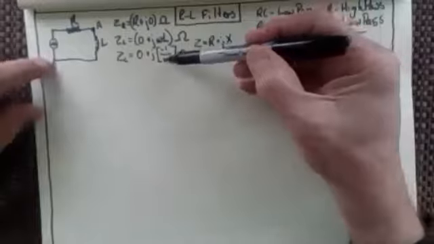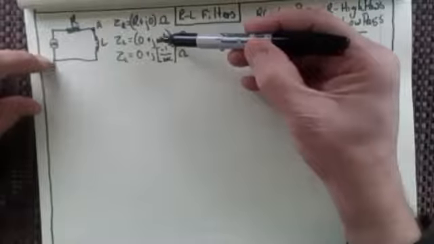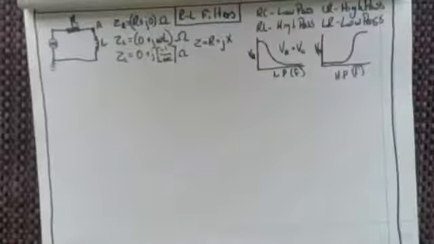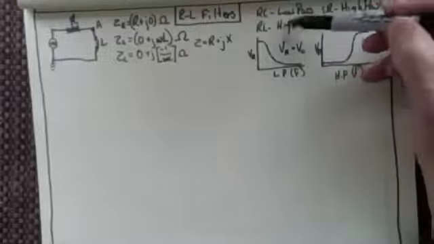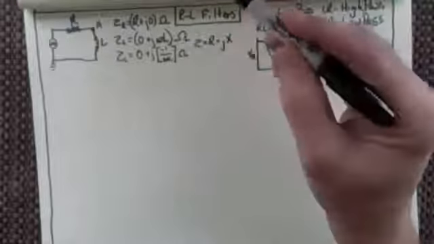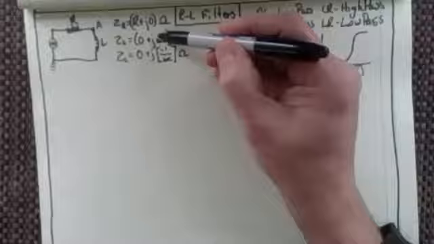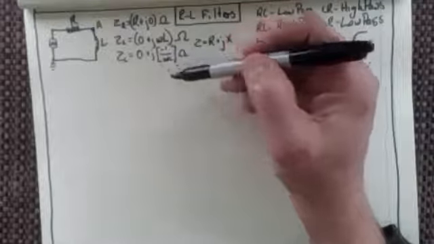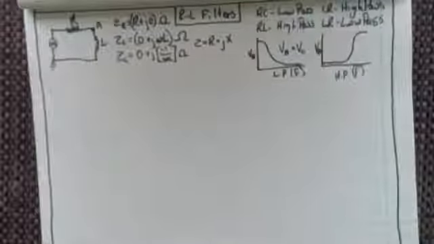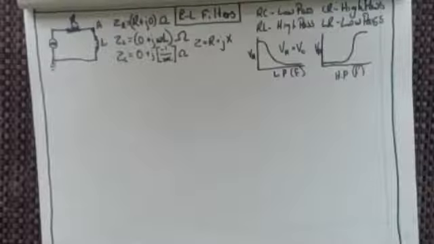So that's going to get smaller, but in the numerator, it's going to get larger. And of course, that explains the reason why these are backwards. RC is a low pass, but then RL is a high pass. And that all has to do with the fact that omega is in the numerator for the inductor, and it's in the denominator for the capacitor.